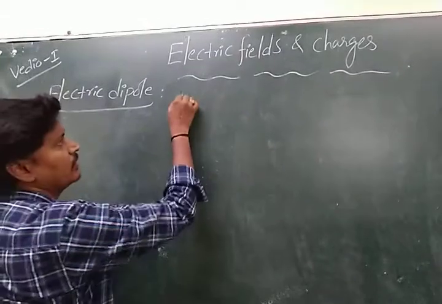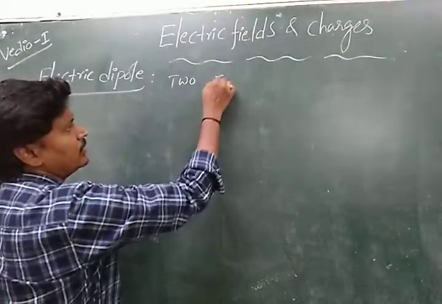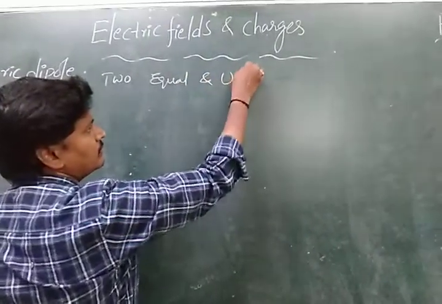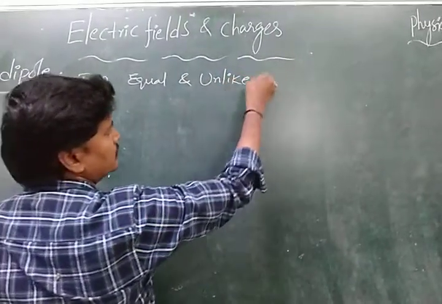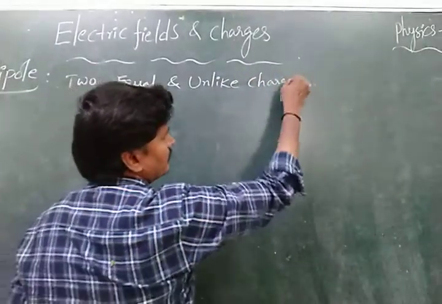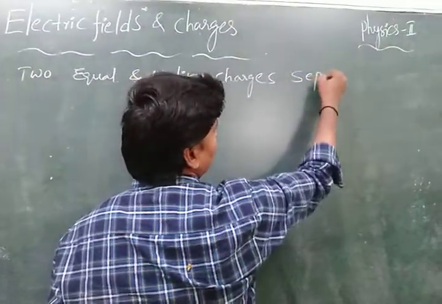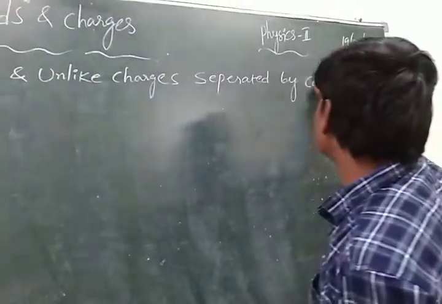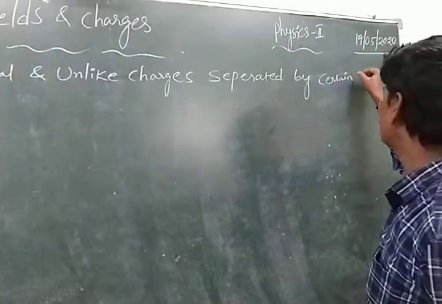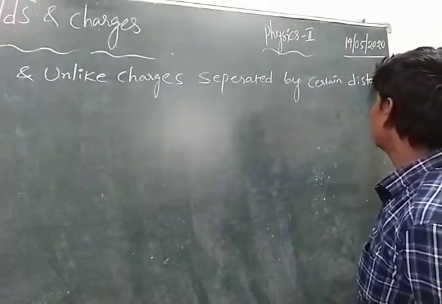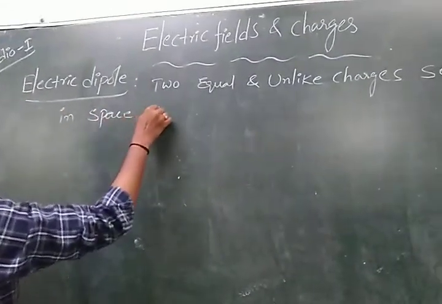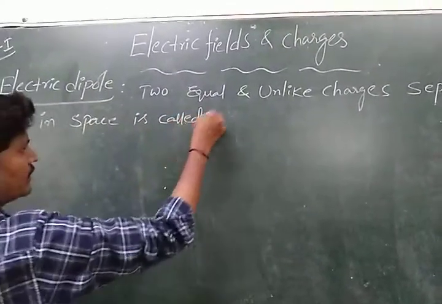That means the statement is: two equal and unlike charges separated by a certain distance in space is called an electric dipole.